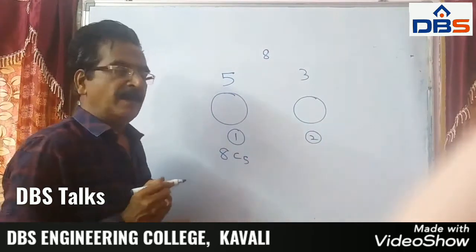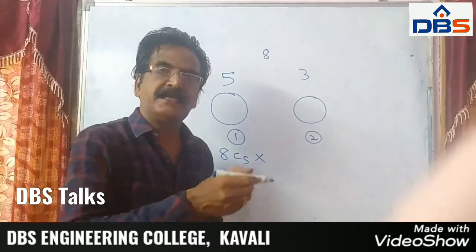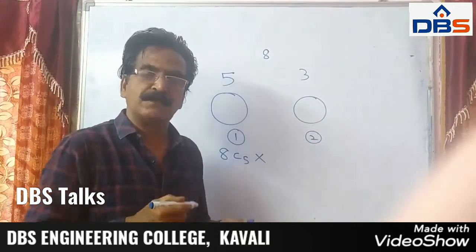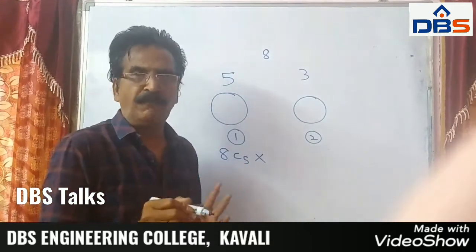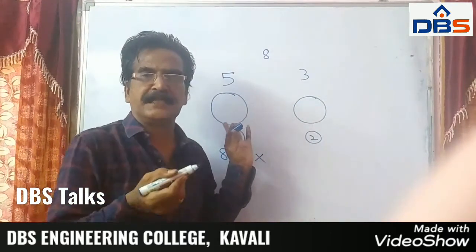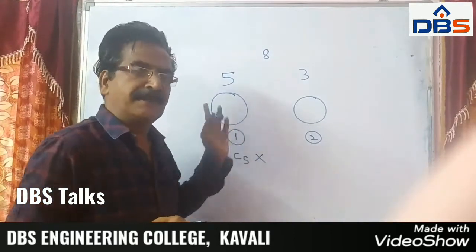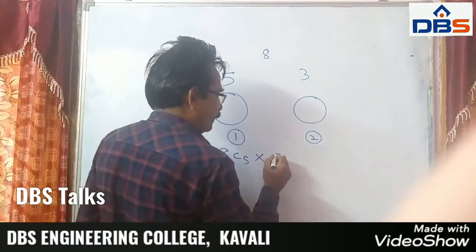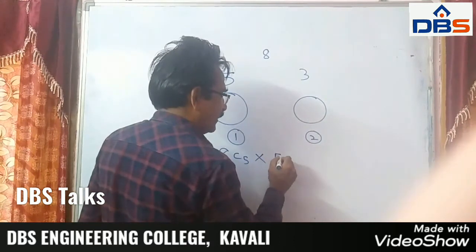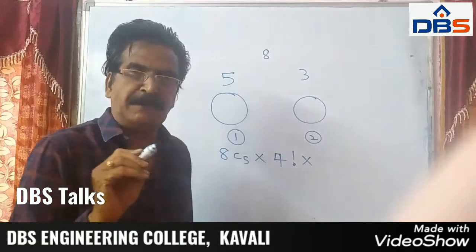Now we have to make them seated around this table in 4 factorial ways. See, n persons can be seated around a round table in (n minus 1) factorial ways. So 5 persons can be seated in 4 factorial ways. The first table is over.